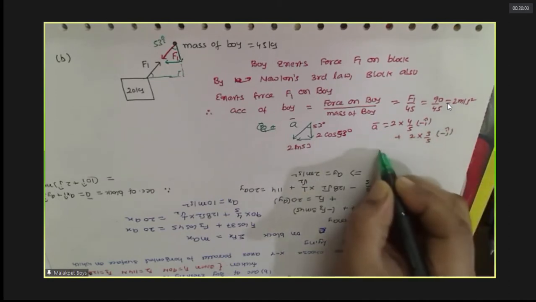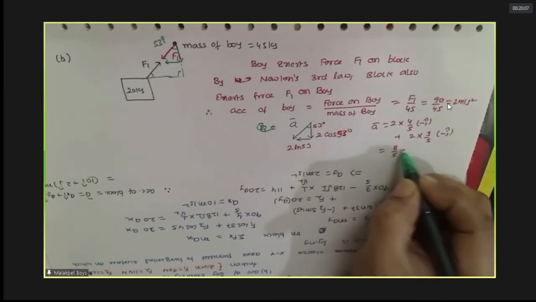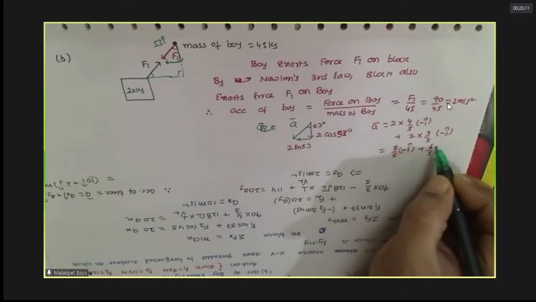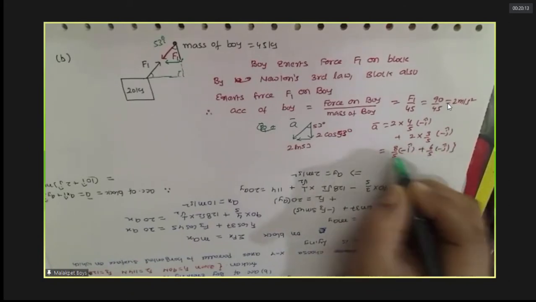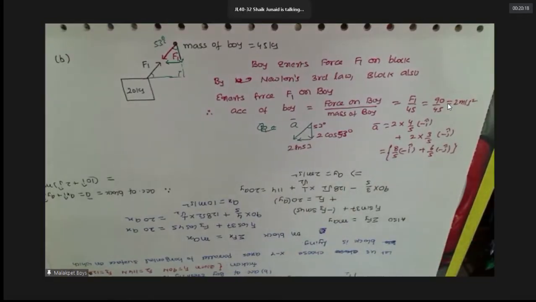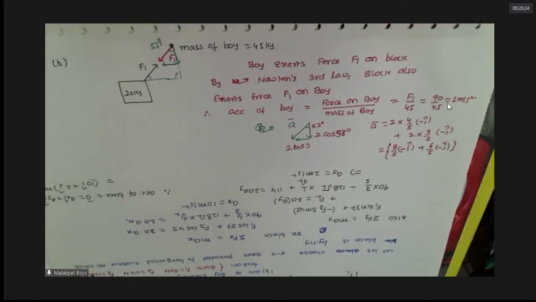Do you agree? That is 8 by 5 minus i cap plus 6 by 5 minus j cap. Do you agree or not? Clear? Yes, sir, agreed. Write this down. Please wait.